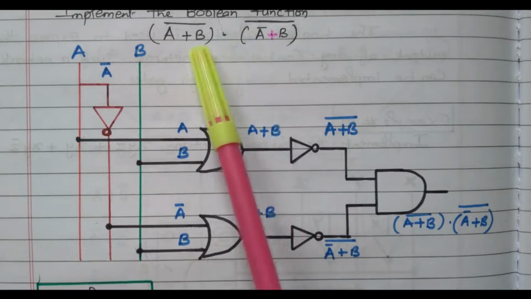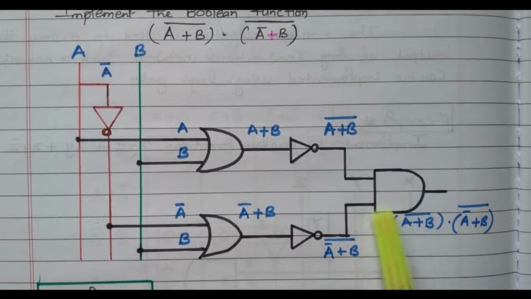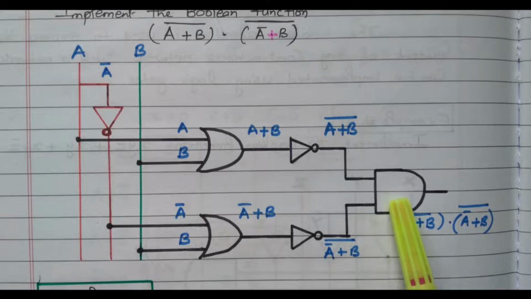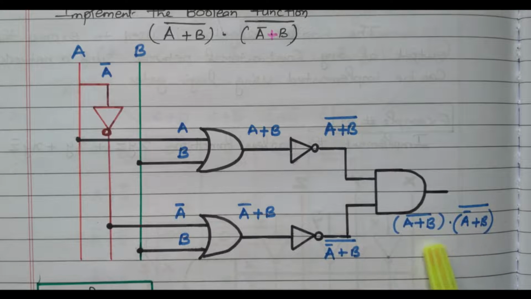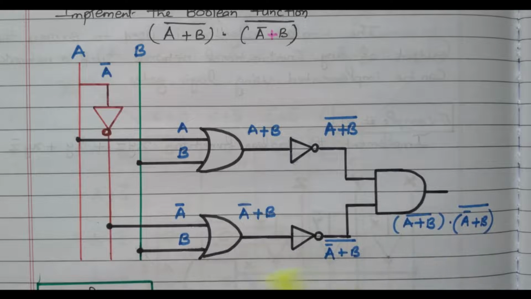Now we need to multiply these two terms. In order to multiply we are using one AND gate. What is the nature of AND gate? It will multiply these two terms, (A plus B) the whole bar into (A bar plus B) the whole bar, right? So this is our required output, required Boolean function. So I will explain.